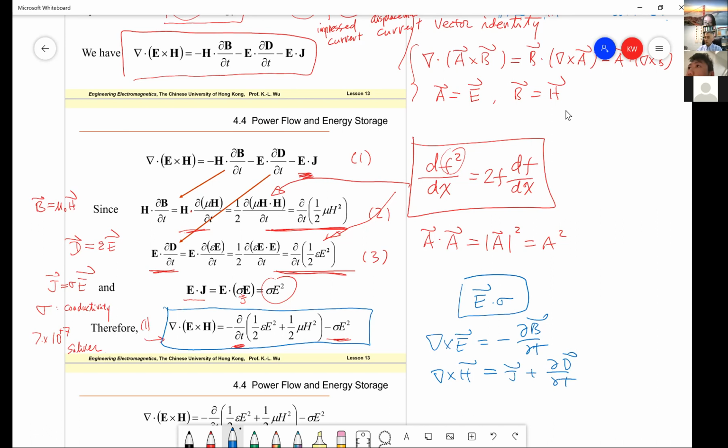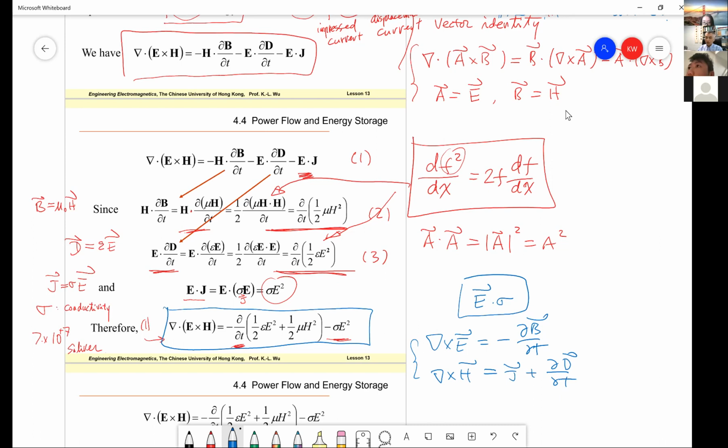This is one way. You define two vectors, two vector variables that change with location and also change with time, that satisfy this relation. That is the Maxwell equation.